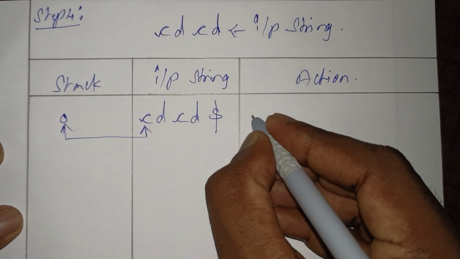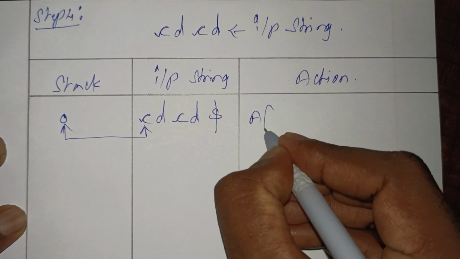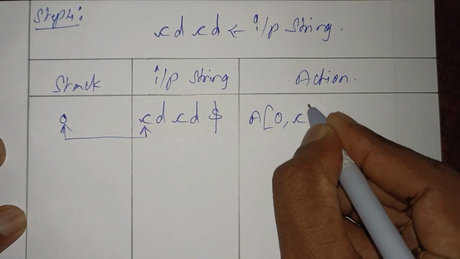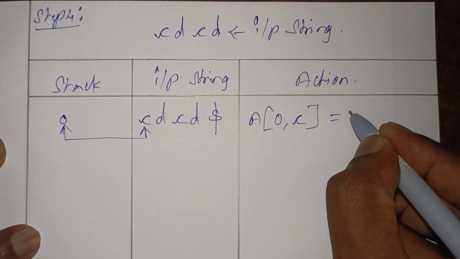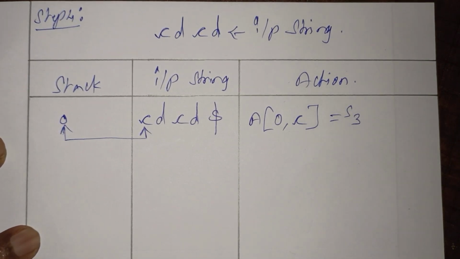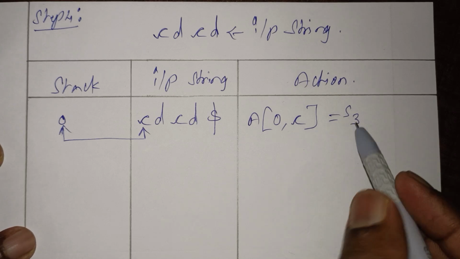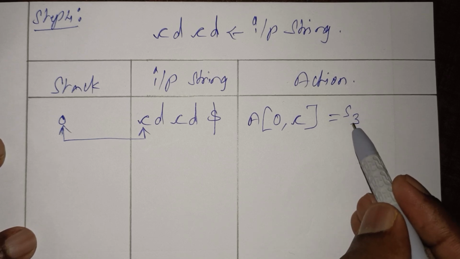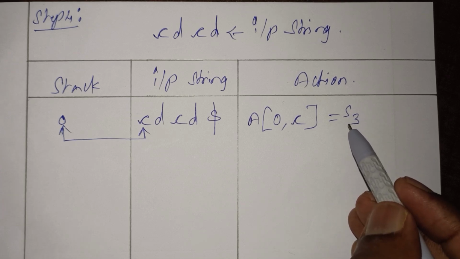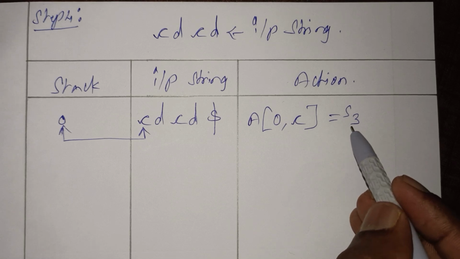For example, now I'm going to check action of 0 comma small c. This is what we have compared and mentioned. The action is we got s3. Now s is for representation, just for simple understanding: we need to shift it. If we get r, we have a formula to reduce. So what we are going to do here is shift.